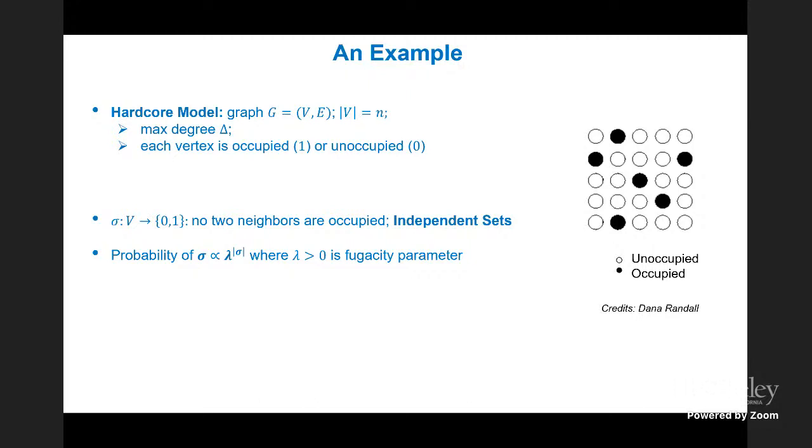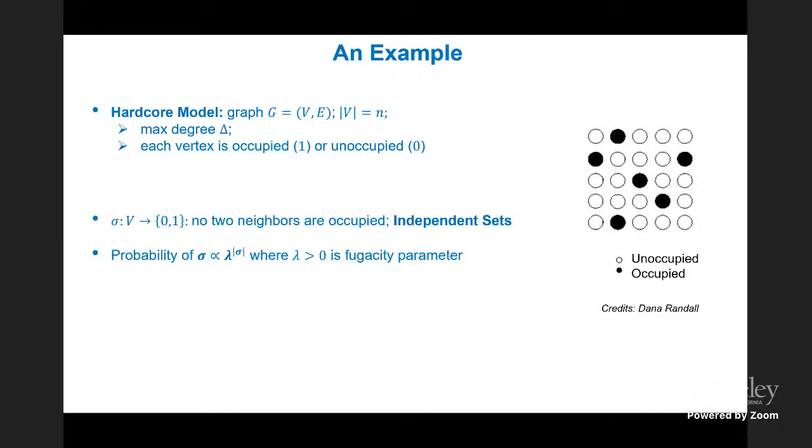And each independent set is assigned a probability proportional to lambda to the power its size. Lambda here is the fugacity parameter, which controls the kind of distribution we are looking for. If lambda is 1, we are looking at a uniform distribution over independent sets. If lambda is large, then we are preferring the independent sets which are larger in size.